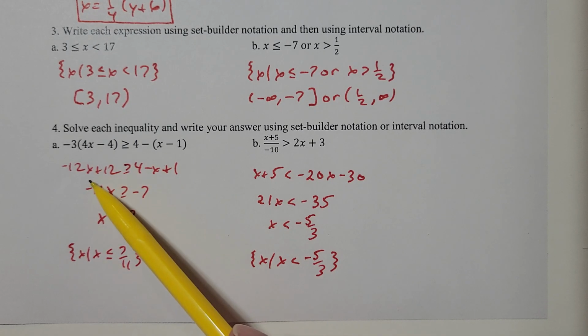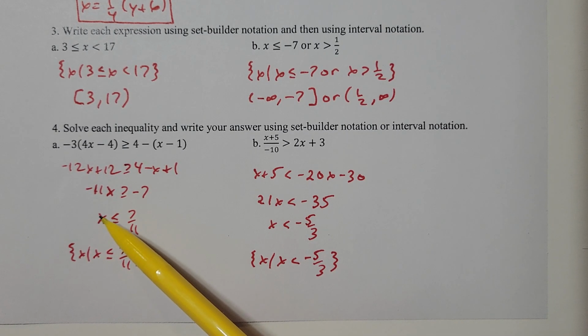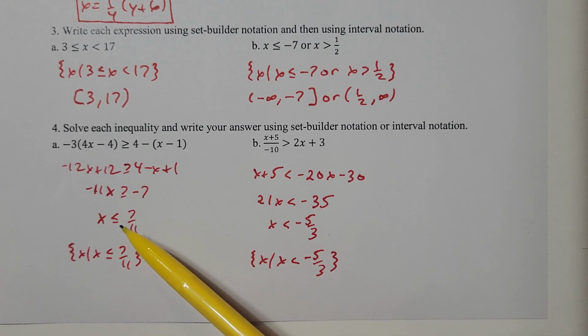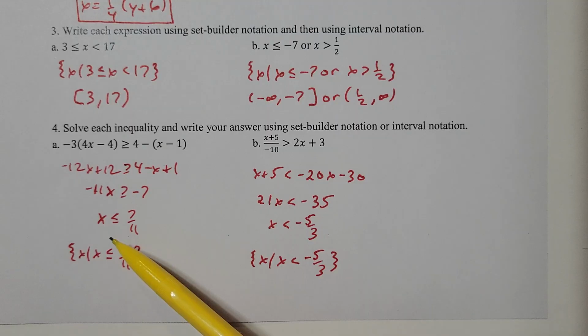I'm also adding x to both sides. -12x plus x is -11x. So the next thing would be to divide both sides by -11. Now, here's one very important thing. Whenever we multiply or divide both sides by a negative number, we have to flip the sign.